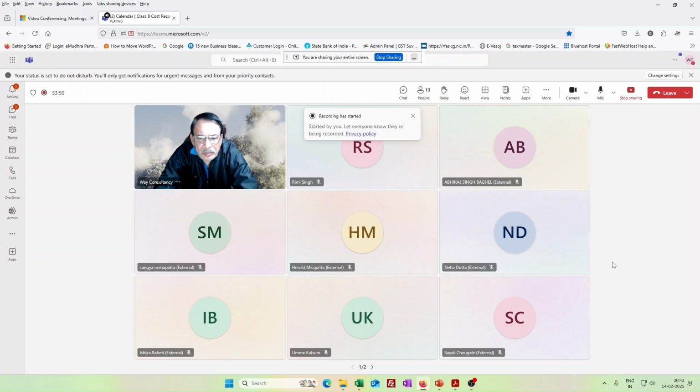Abhiraj? Herald? Ishika? Rimi? Can anybody tell what are the different types of power companies? General knowledge should be there. Very poor general knowledge.